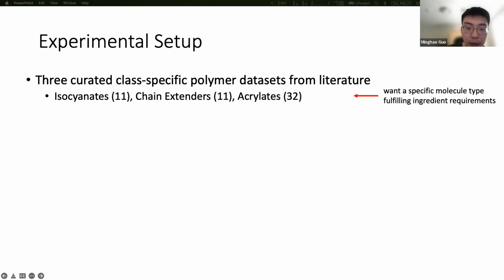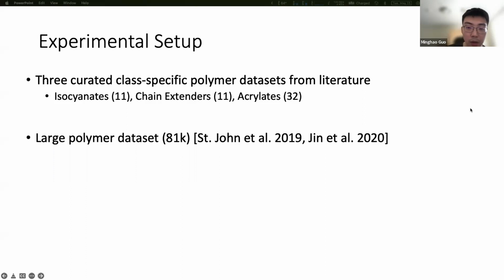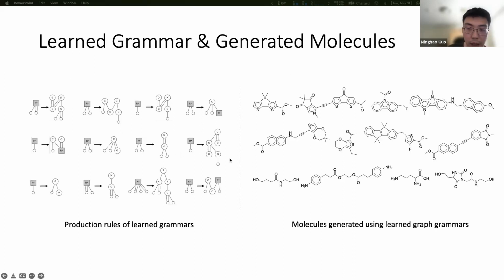This fulfills the ingredient requirement. We also test our method on a commonly used large polymer benchmark, which I think is the most commonly used benchmark for molecular generation, and which consists of around 81,000 samples.